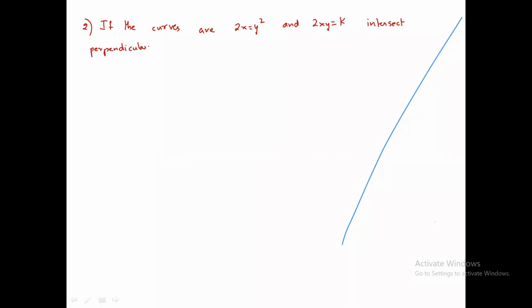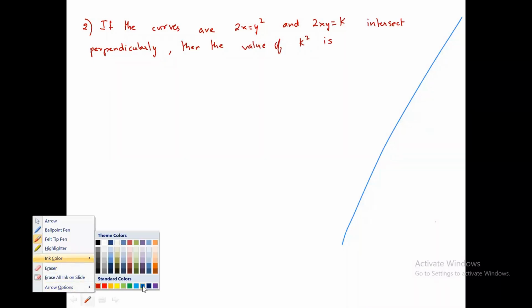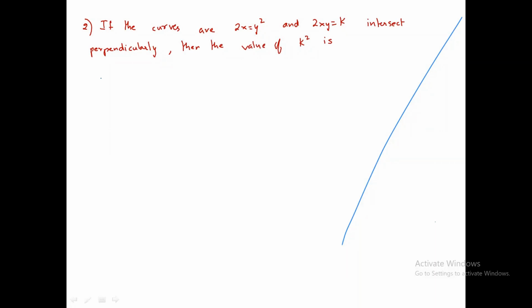They are perpendicular to each other at the point of intersection. Then the value of k square is. So your work is to find the value of k square. Again, I'm not writing the options. Let us see how to do this.